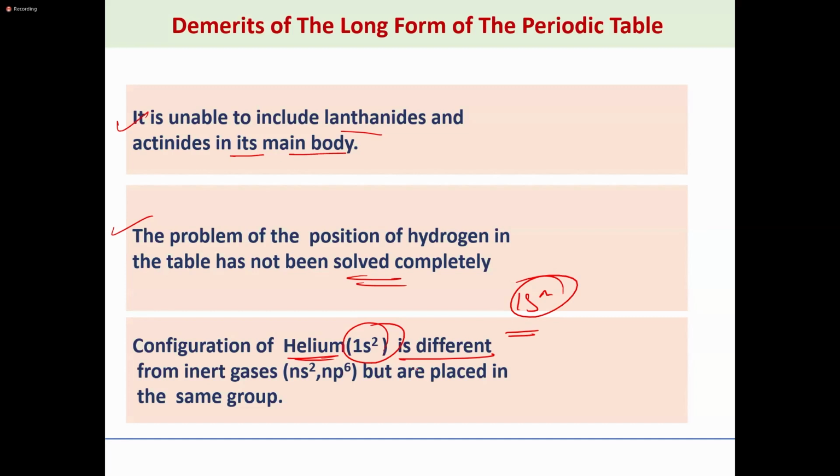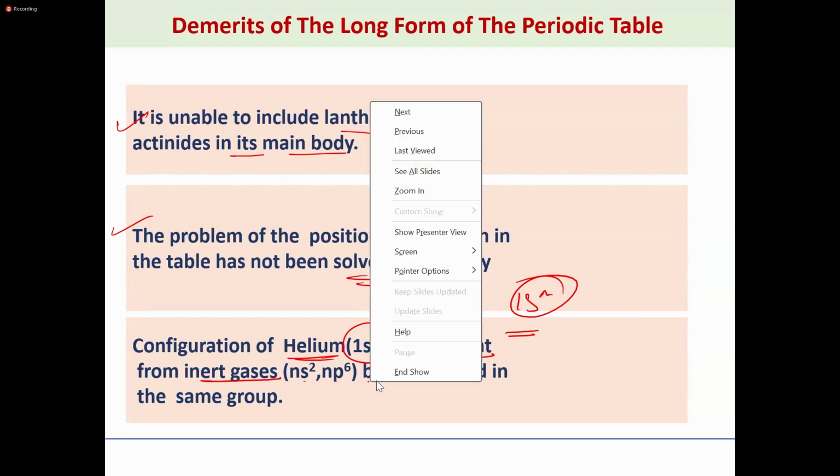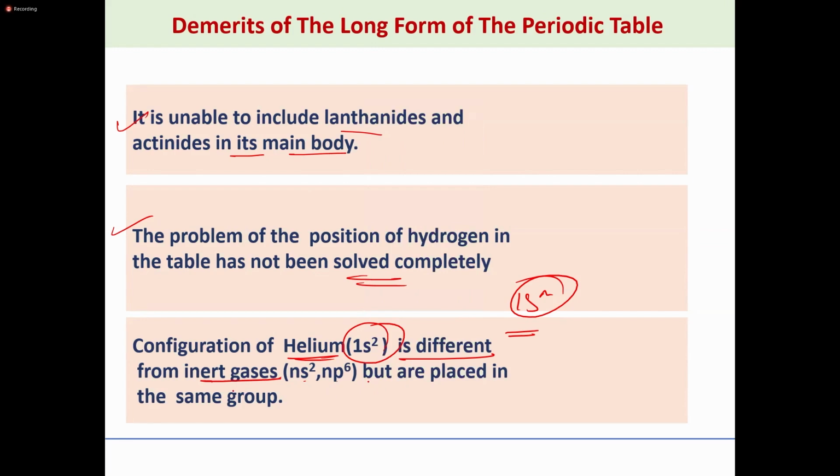So this is also a demerit. And helium is different from the other inert gases. Inert gases have the electronic configuration ns2 np6, and they are not active. That's why they are called inert or noble gases. But helium has the electronic configuration 1s2, yet they are placed in the same group.